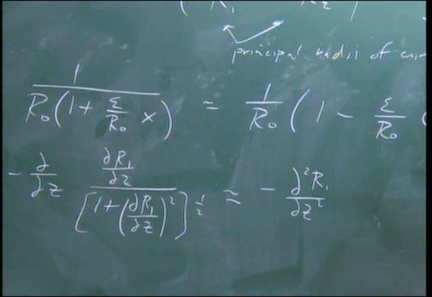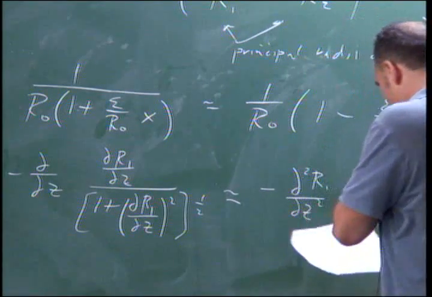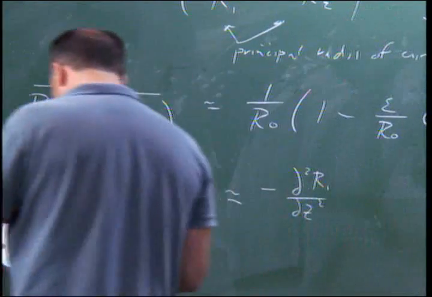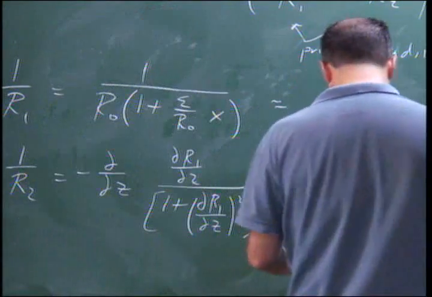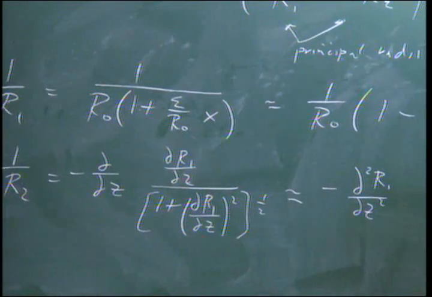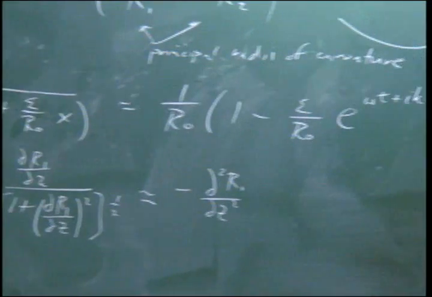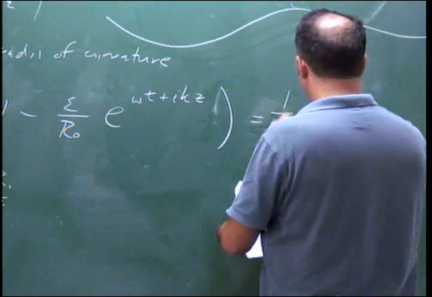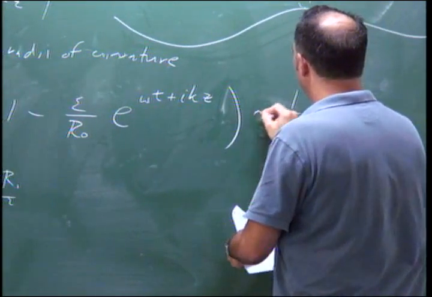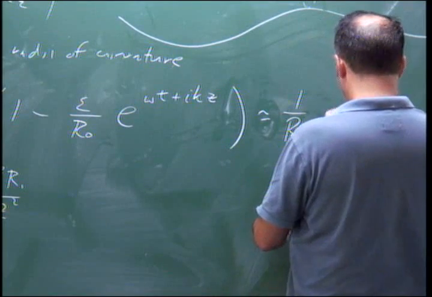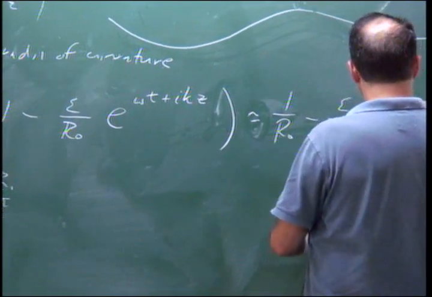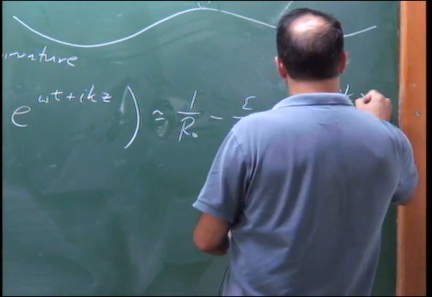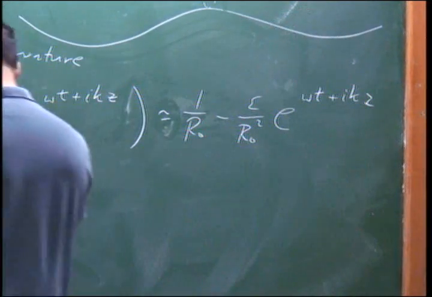Okay, so that's the second radius of curvature. So we can express this one as 1 over R naught, again correct to linear order, minus epsilon over R naught squared times e to the omega t plus i k z.